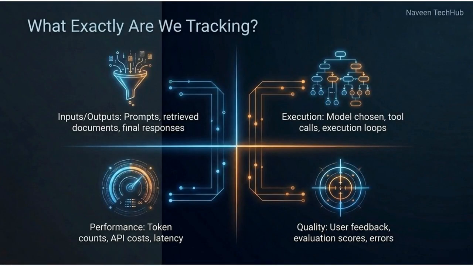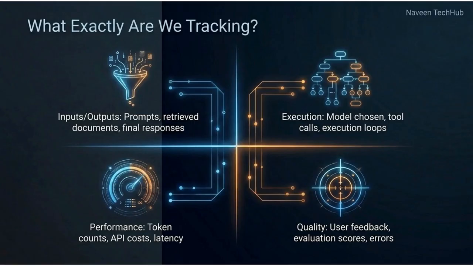There are four major categories we normally want to track. First, inputs and outputs. This includes prompts, retrieved documents, context, and the final response. Second is execution. Which model was selected? Which tools were called? In what order did those operations happen? Third is performance. How many tokens were consumed?